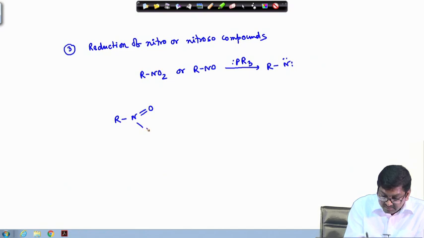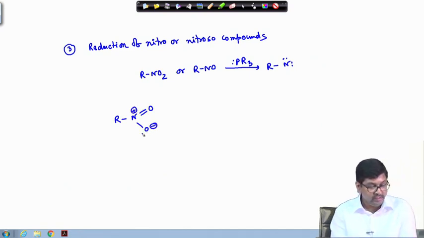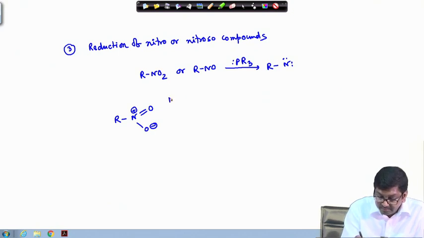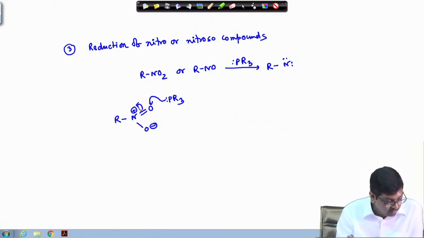So, this is our nitro compound. Okay. So, now we have this phosphine. This can attack. Okay. So, what we will get?